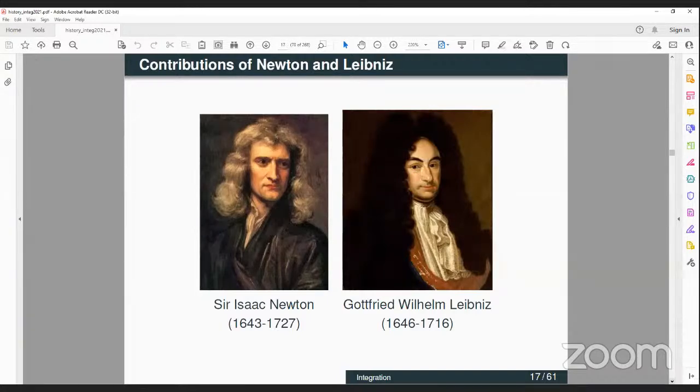Both independently discovered it, or rather invented it, I should say. Leibniz published it first, then Isaac Newton saw it, and that's how the controversy started. There is a stark difference between the two: Newton was a trained mathematician, while Leibniz was a self-taught mathematician.